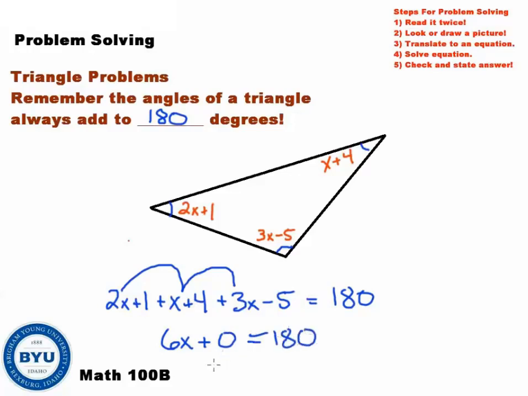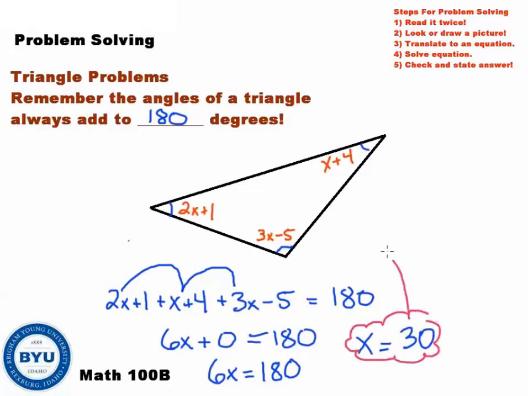We then divide both sides by 6, and we get x equals 30. So knowing that x equals 30, we could actually go back and plug that into each of the individual angles to find out what the angles would come out to be. So if x equals 30, and we come back to this one right here, we know that this angle is 34 degrees.